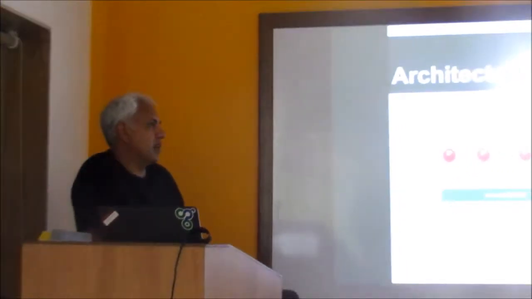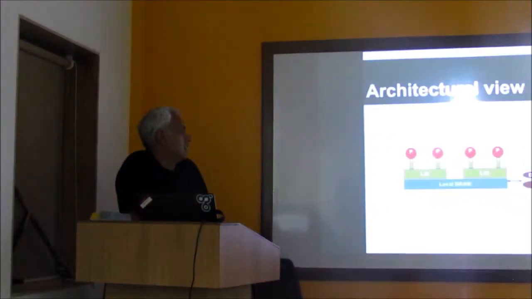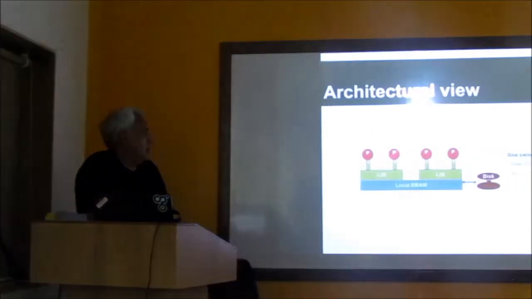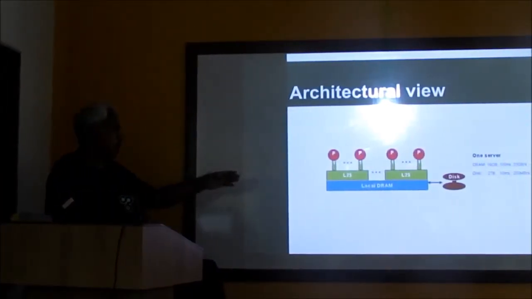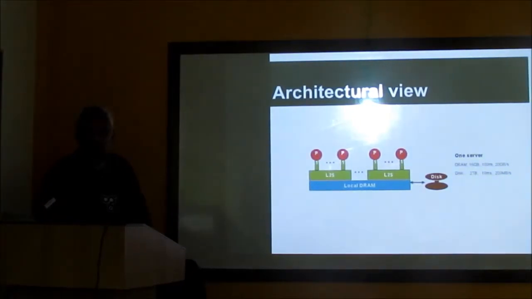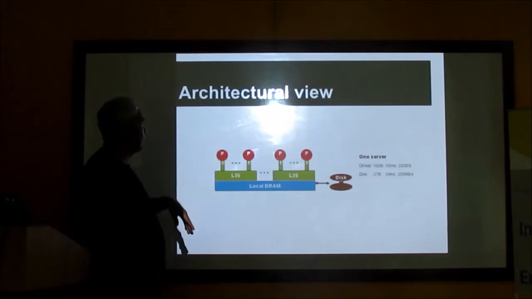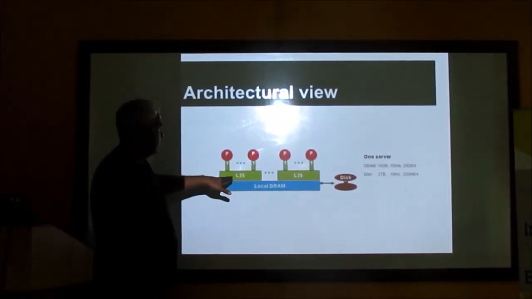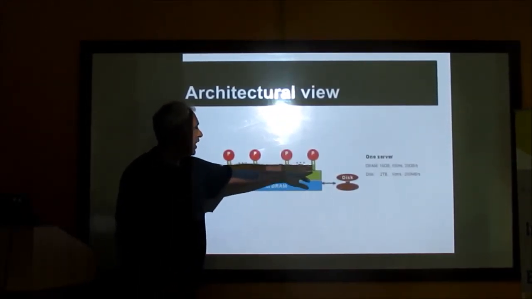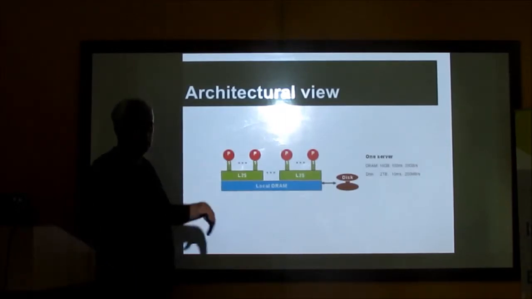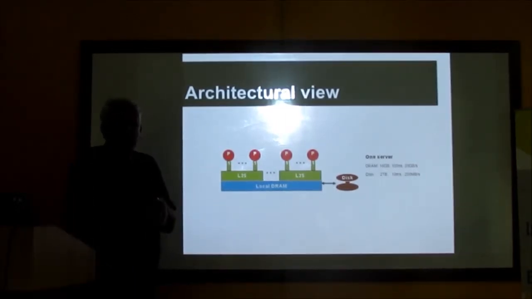Okay, so coming back, this is what your typical computer abstraction looks like. You have a bunch of processors, or the CPUs. There are the L1 caches for each processor, which is very high-speed local memory.